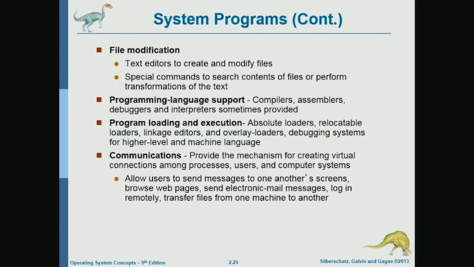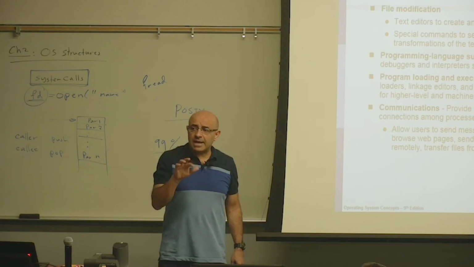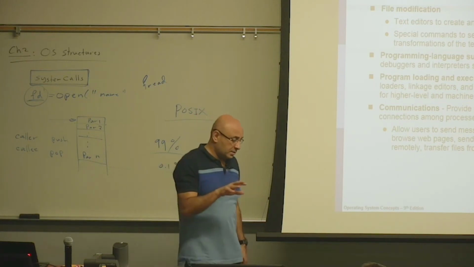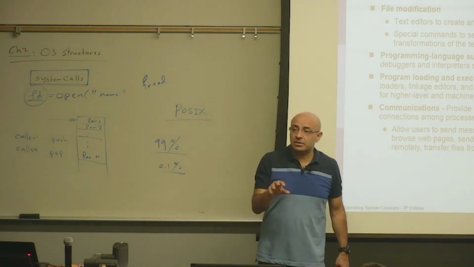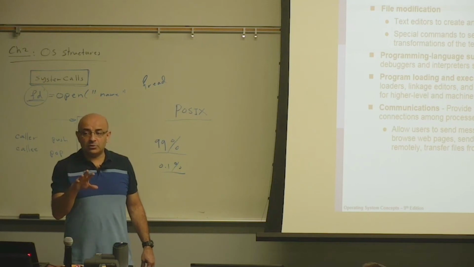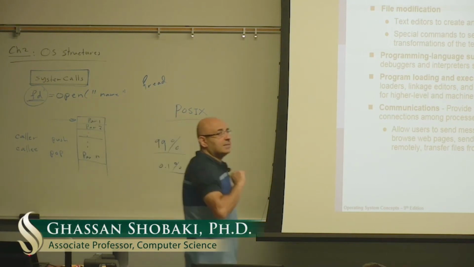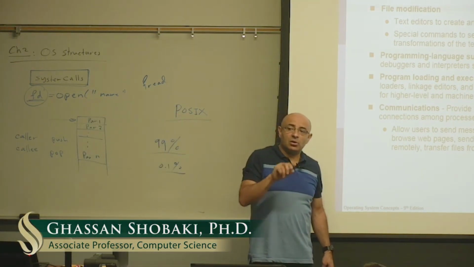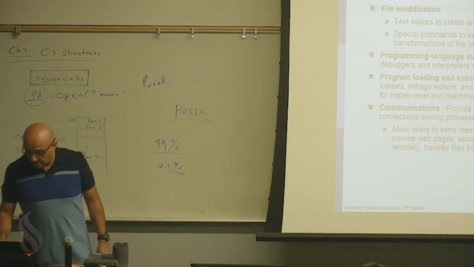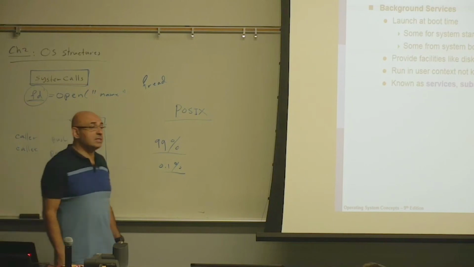Loaders, communication programs, etc. So these are examples of system programs that the user interacts directly with, and in fact the user loads. So when you use a text editor, you actually load it. You actually click on that text editor if you are using a GUI, or you invoke it at the command line as a user.